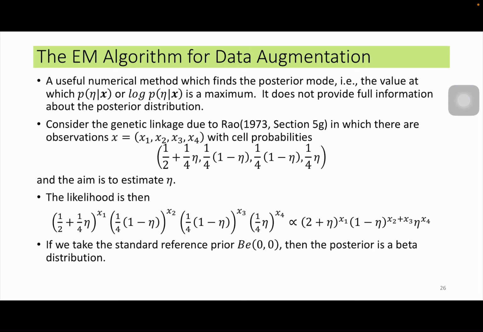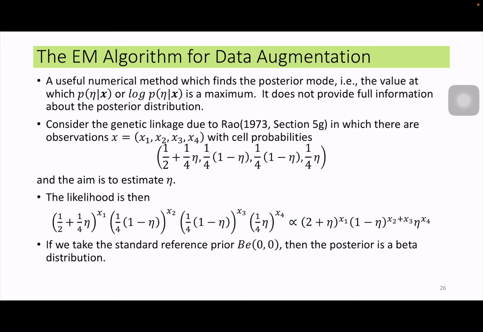So consider the genetic linkage example from Rao, 1973, in which there are observations x equals x1 to x4 with cell probabilities 1/2 plus n/4, 1/4 (1 minus n), and so on. So the likelihood is then given as below.